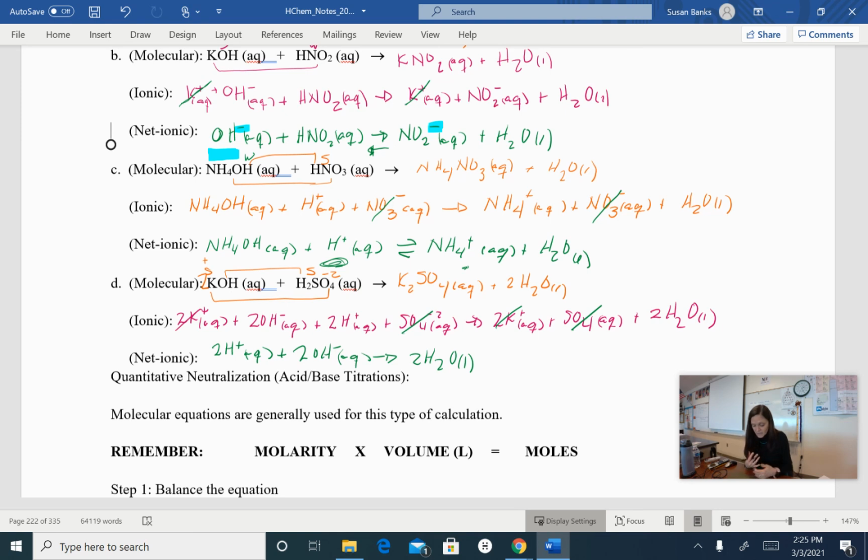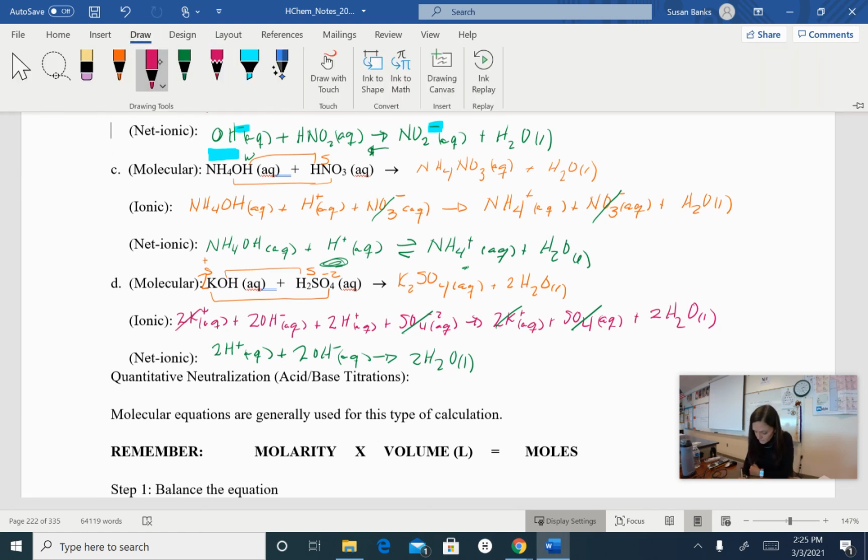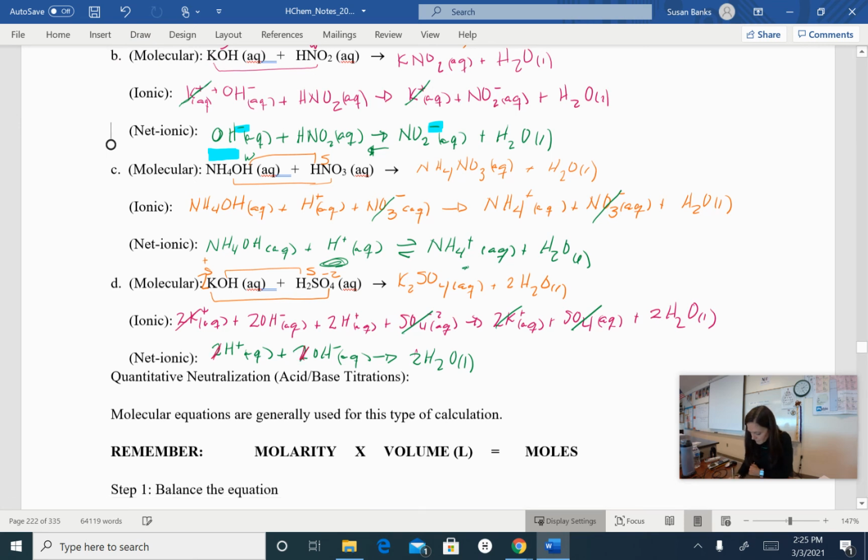They are not. I have 2, 2, and 2. They all have a common factor of 2. So I can get rid of the 2 in all of these. So in reality, I should just be writing hydrogen with hydroxide making water.